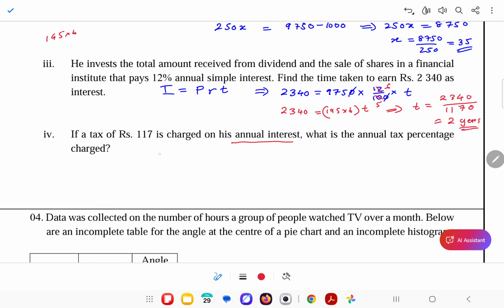So annual interest would be half of that, which is 1170.